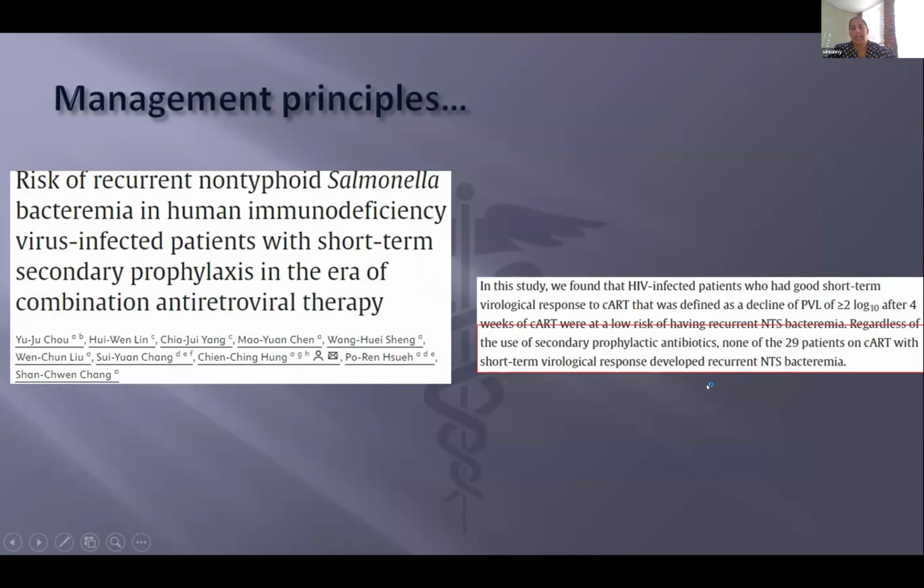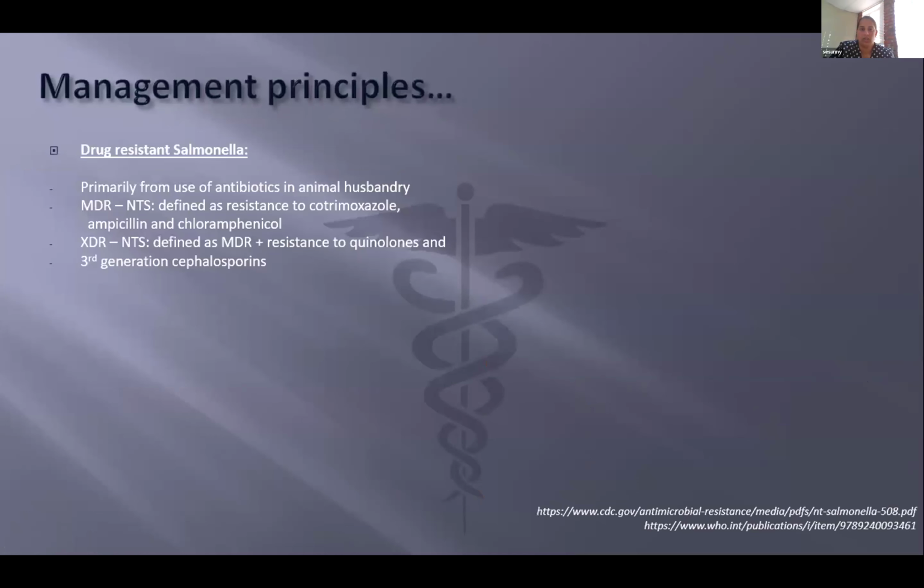And basically in the summary, it was that regardless of the use of secondary prophylactic antibiotics, because some of the use of secondary antibiotics as prophylaxis was at the discretion of the treating physicians, none of the 29 patients who are on ARVs and achieve short-term virological response developed recurrent NTS bacteremia. And I think this is something that we need to look at closely, especially because of the rise of resistant Salmonella in this day and age.